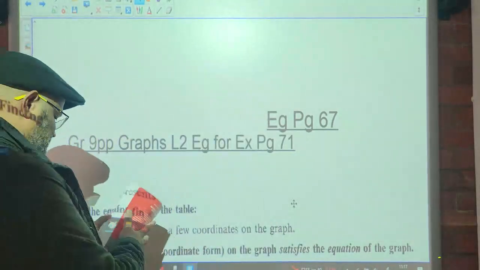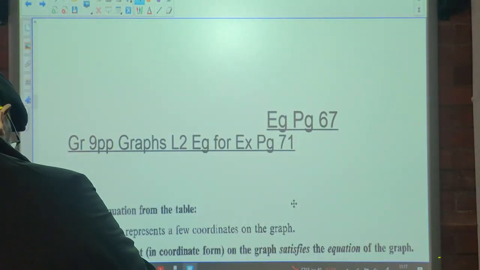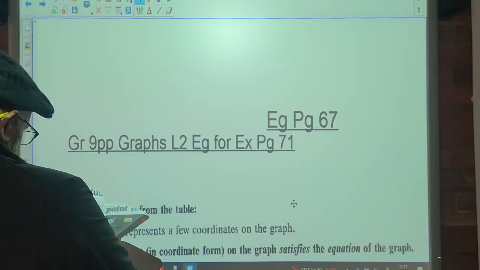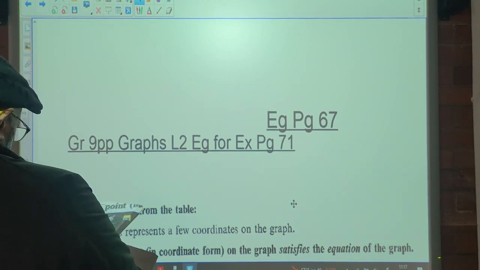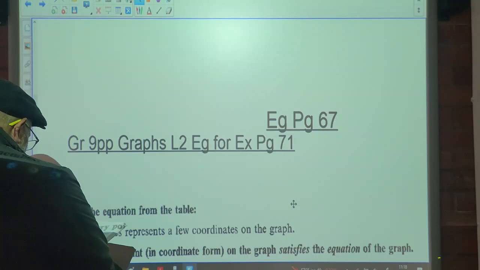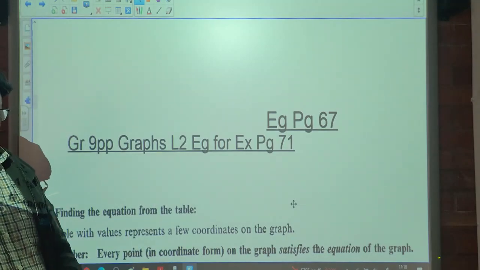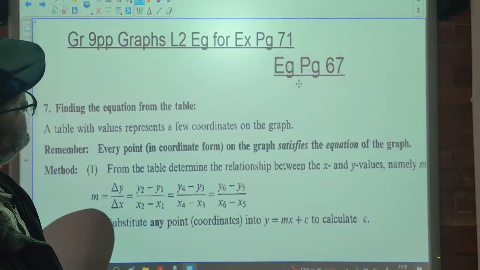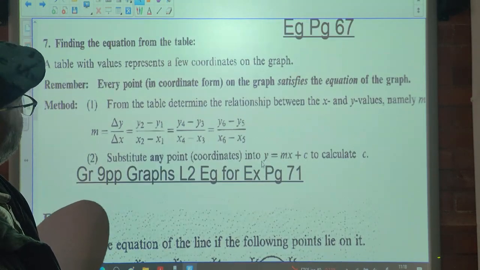Okay. So today we're going to be finding the equations from a table, and it's on page 68. We're reading from page 68.